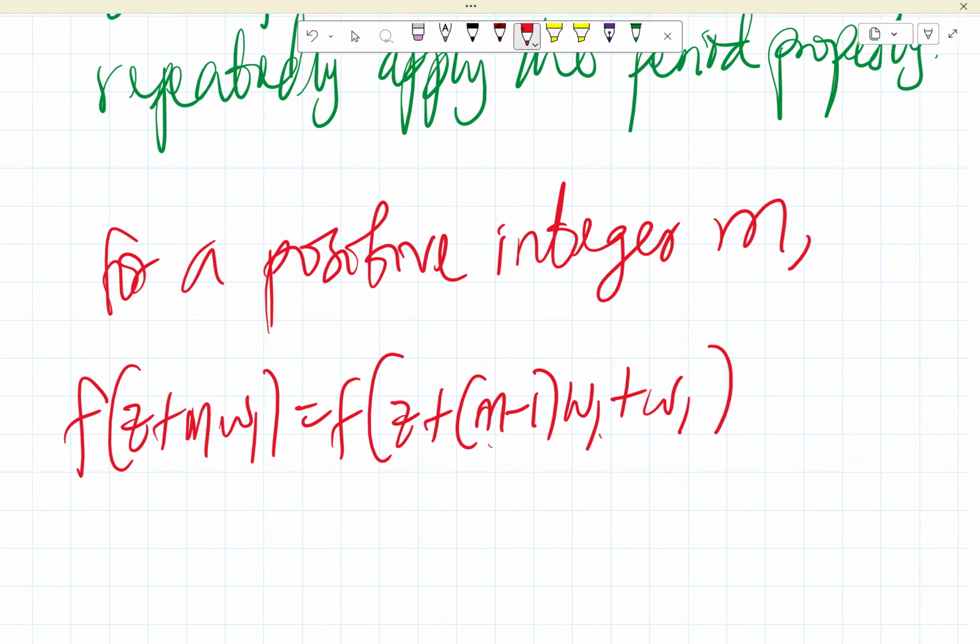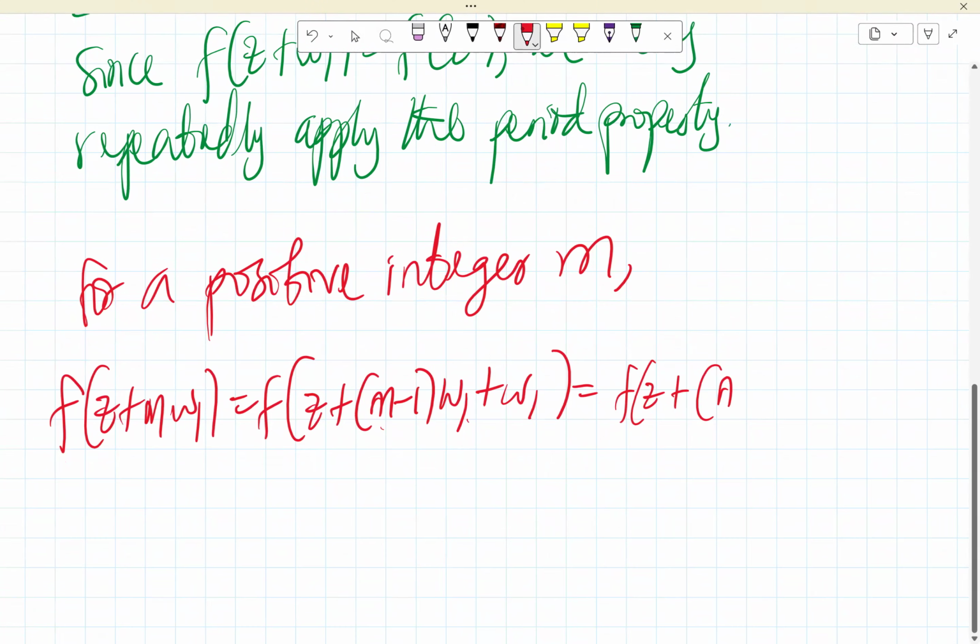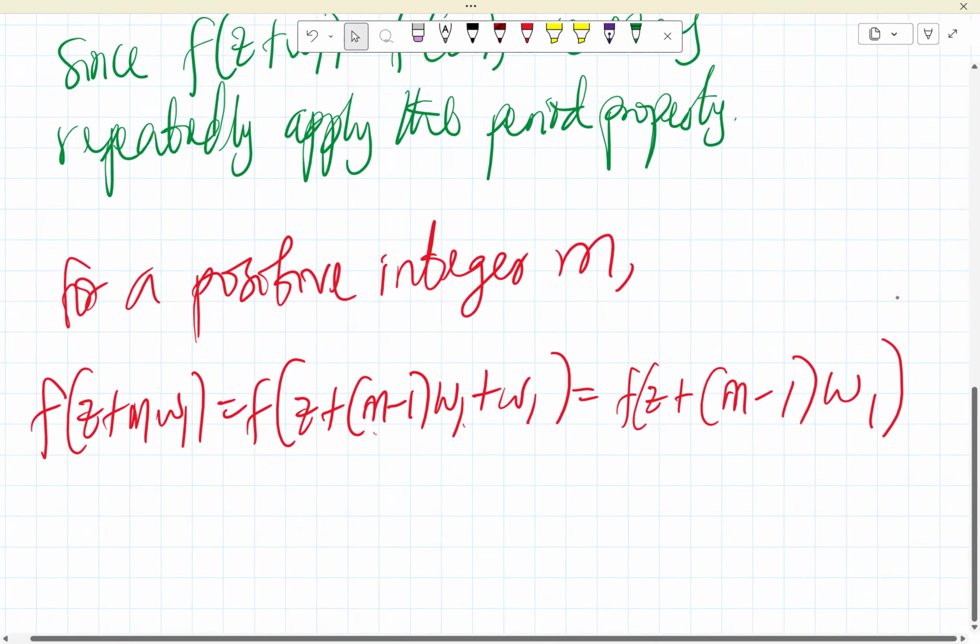And this is as good as f of z plus (m minus 1) omega 1.